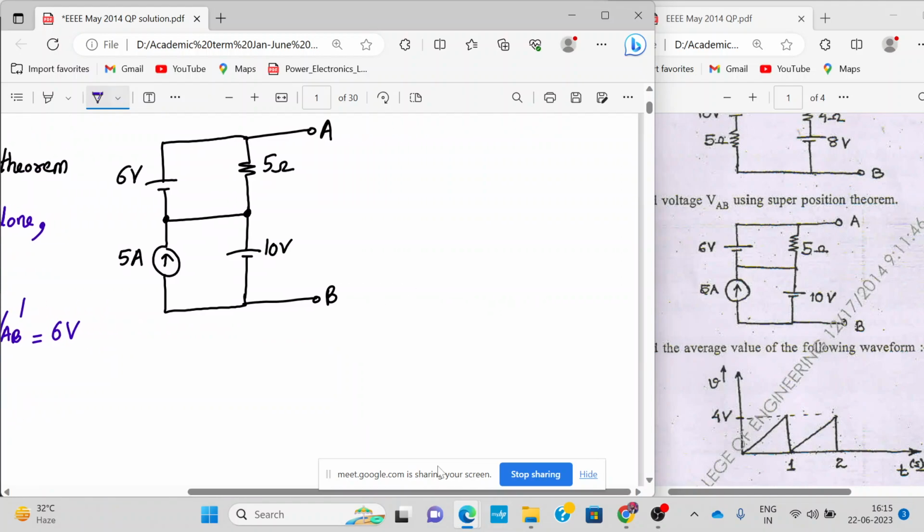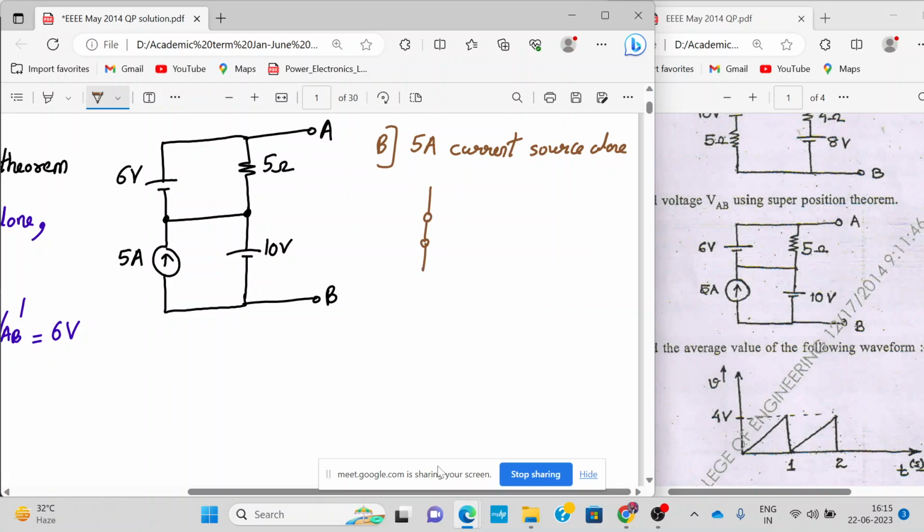Next, let's consider the 5 ampere current source alone. What happens to the other independent sources? The voltage source will become a short circuit.